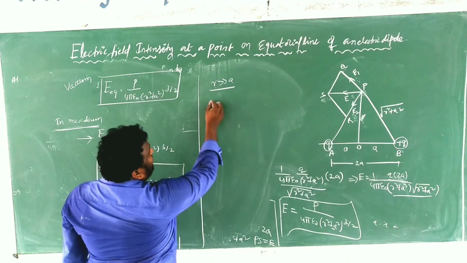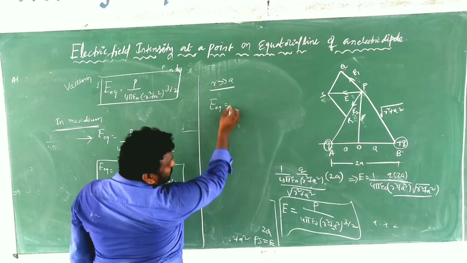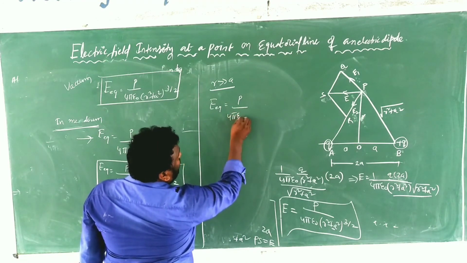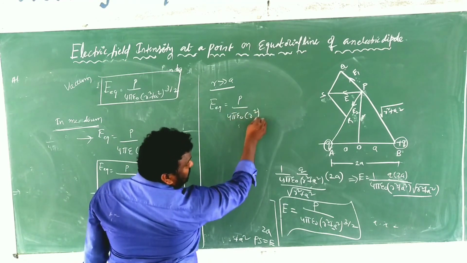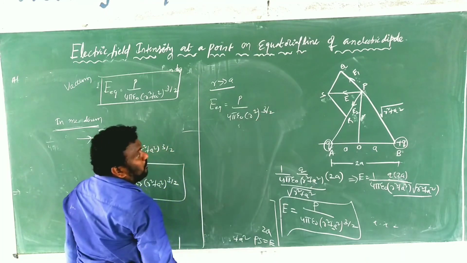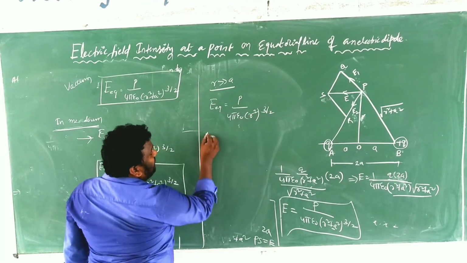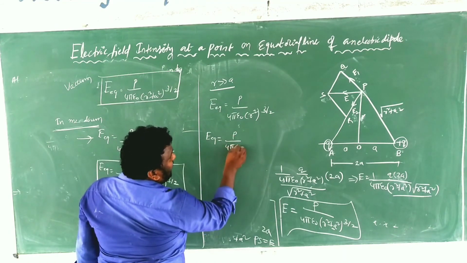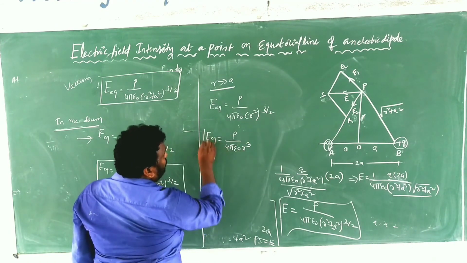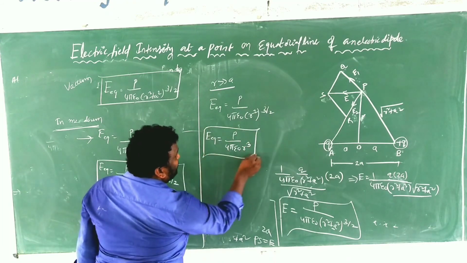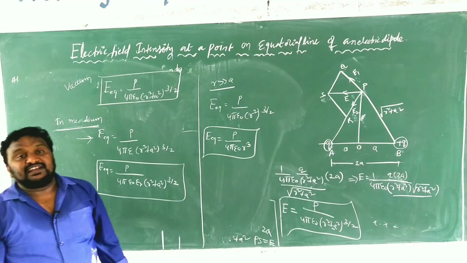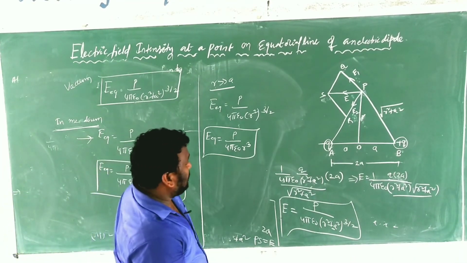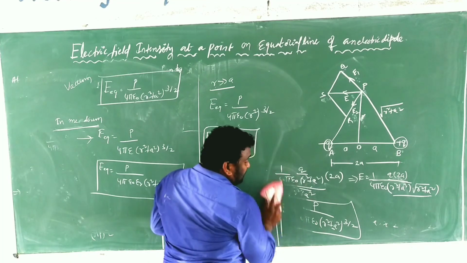Then E equatorial is equal to P by 4 pi epsilon naught into (r square) whole power of 3 by 2. The 2 cancels, and what do you get? E equatorial is equal to P by 4 pi epsilon naught r cube. So this is the expression for electric field intensity of a dipole when r is much greater than a. Clear? So you have to remember this one, children.